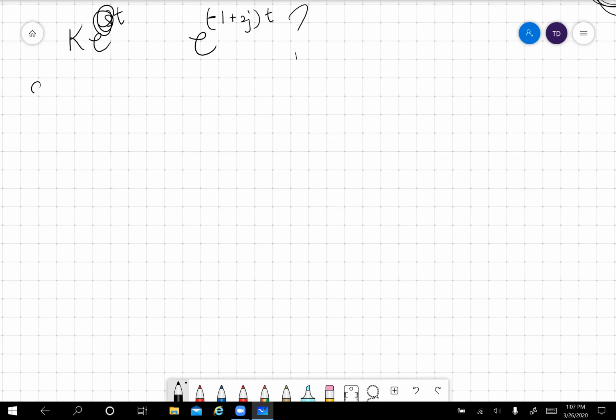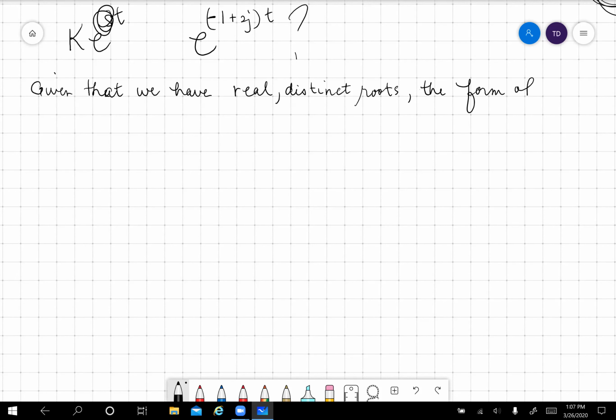So given that we have real, distinct roots, the form of the homogeneous response is, okay, so we have, just remember, s1 is not equal to s2, and they are both real.